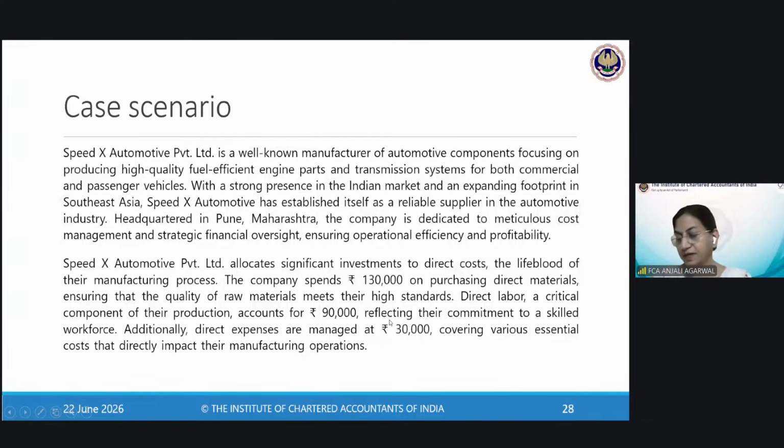Let's take this case scenario. SpeedX Automotive Private Limited is a well-known manufacturer of automotive components, focusing on producing high-quality fuel-efficient engine parts and transmission systems for commercial and passenger vehicles. Strong presence in the Indian market and expanding footprint in Southeast Asia. The company has established itself as a reliable supplier in the automotive industry.